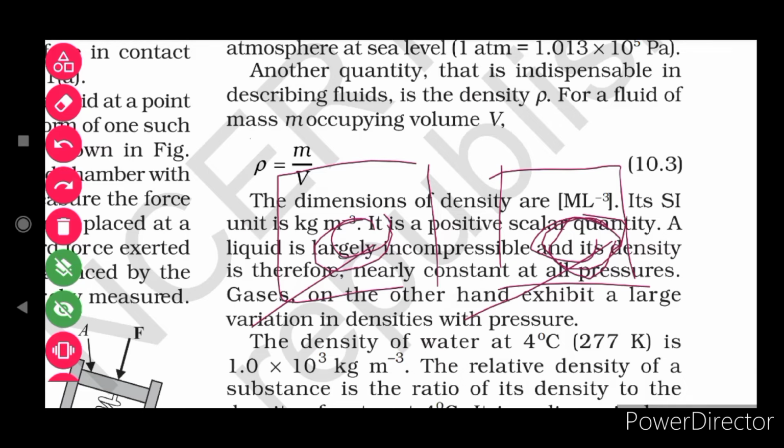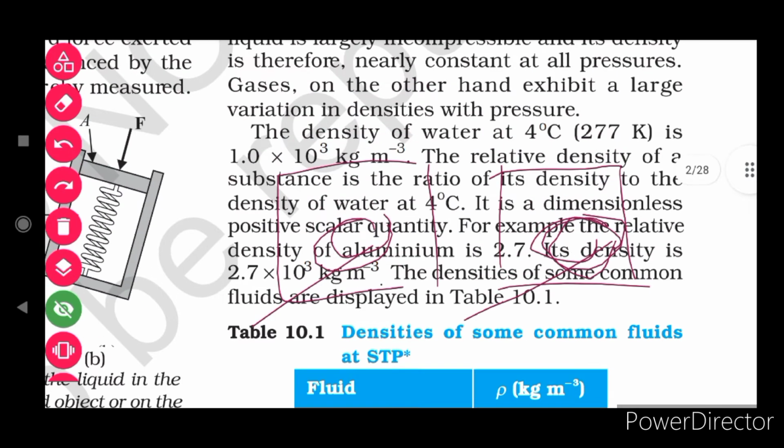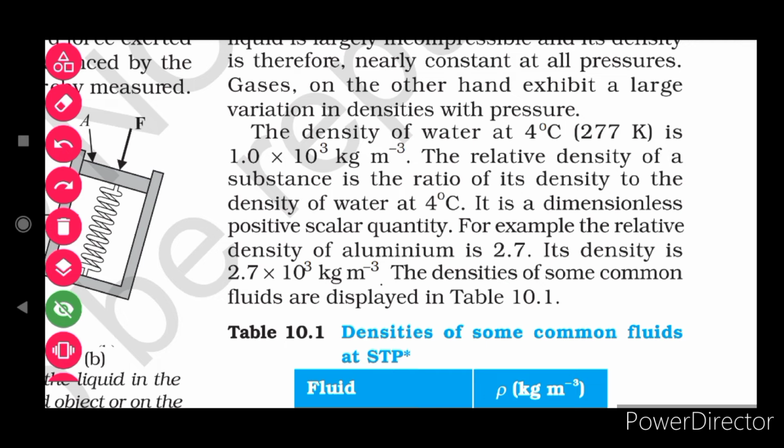We say the density of iron is more because the atoms of iron are closely packed as compared to the atoms of copper. That's why it has a larger density. Because we are dealing with the chapter on fluids, what is the density of water?